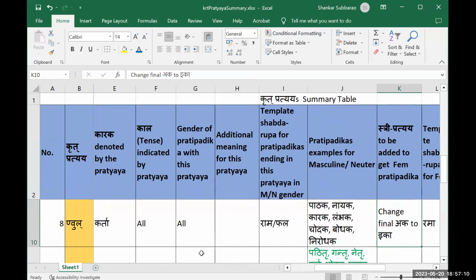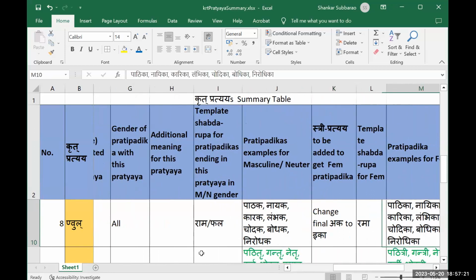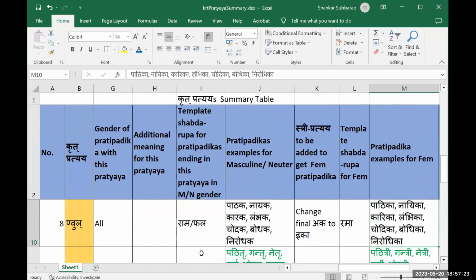So here, what should you do for feminine? It's a little more involved. Change the final aka to ika. Pathaka will become pathika. Nayaka will become nayika. See, even in Hindi, any film star in Telugu or Tamil, what will you call her? Nayika, right? You can't say nayaka. Only in English nowadays the fashion is don't say actress. You have a gender neutral word, actor.